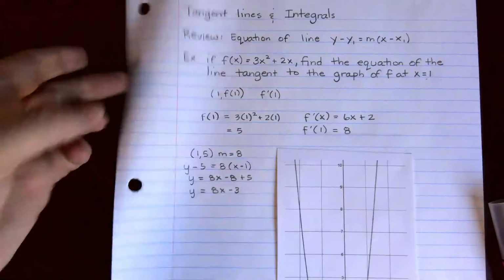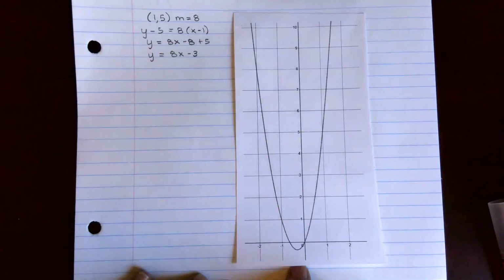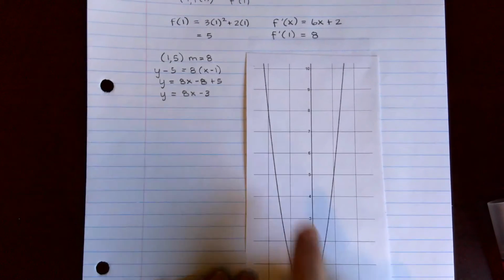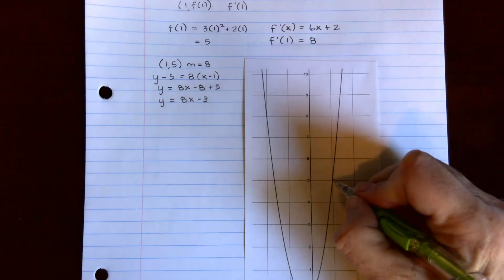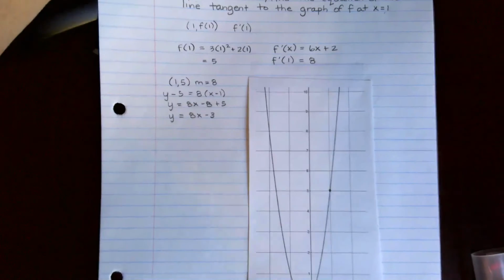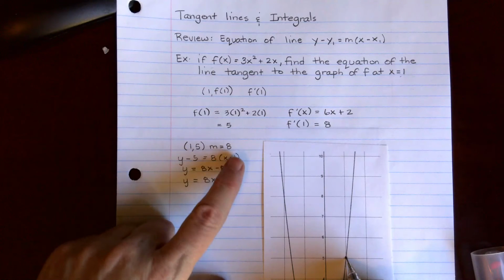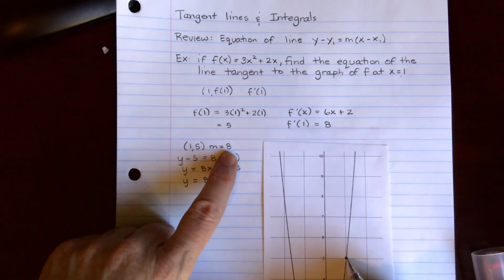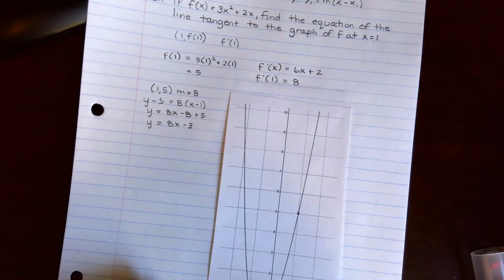So here is the graph of f, and I want the equation of the tangent line at x equals 1. Notice that when x is 1, right down here, y is 5. We figured that out. We said the slope of the tangent line is going to be 8, so we've got to go up 8 over 1.